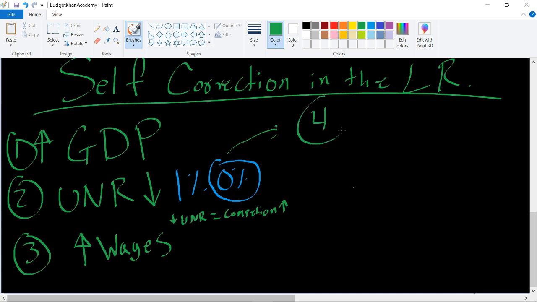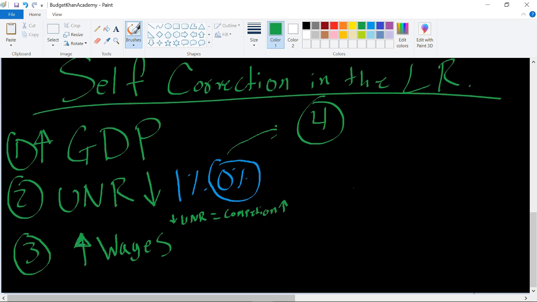Step number 4 is that if you remember the short run aggregate supply, what can shift the short run left and right? Well, if you remember me saying that if things become cheaper or easier, then generally production is going to increase. And if things get more expensive or harder to make, the SRAS will decrease. And this increase in wages, you can think of that as an input price, right?